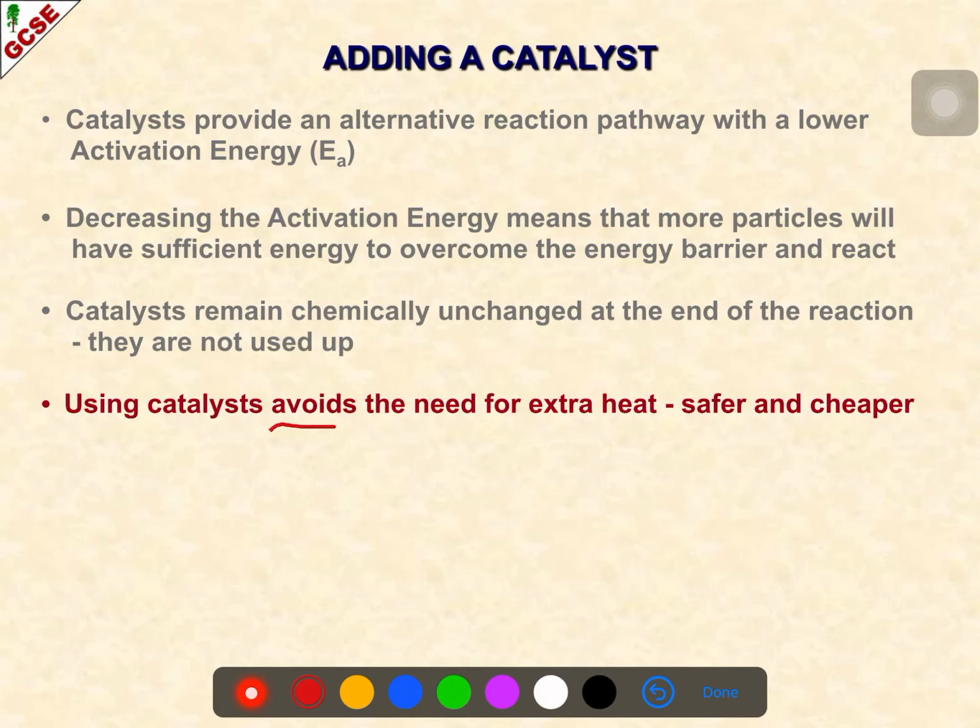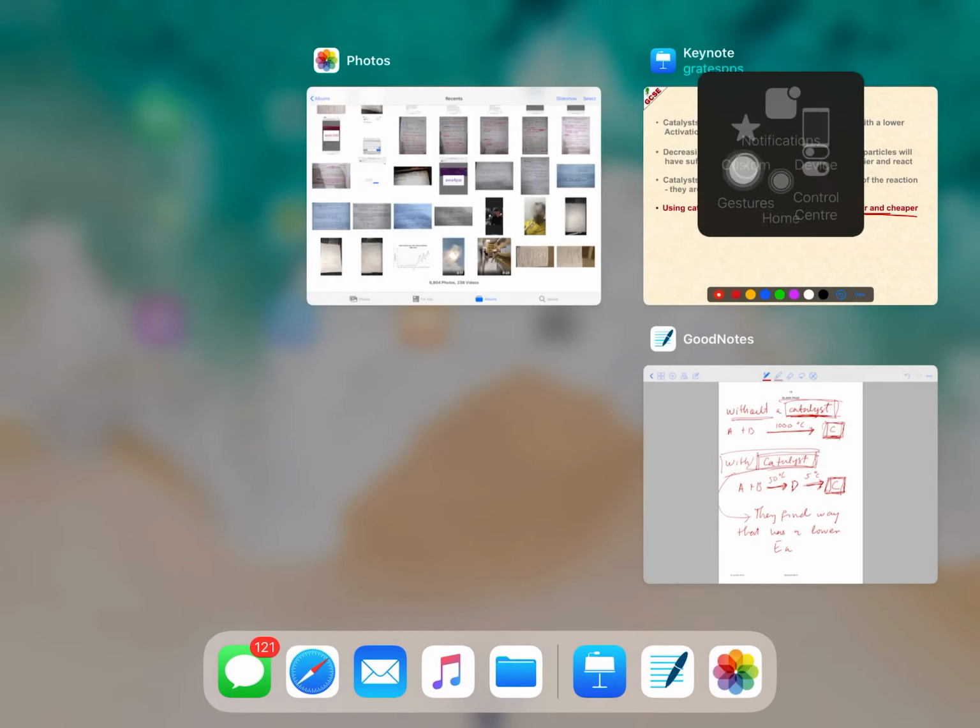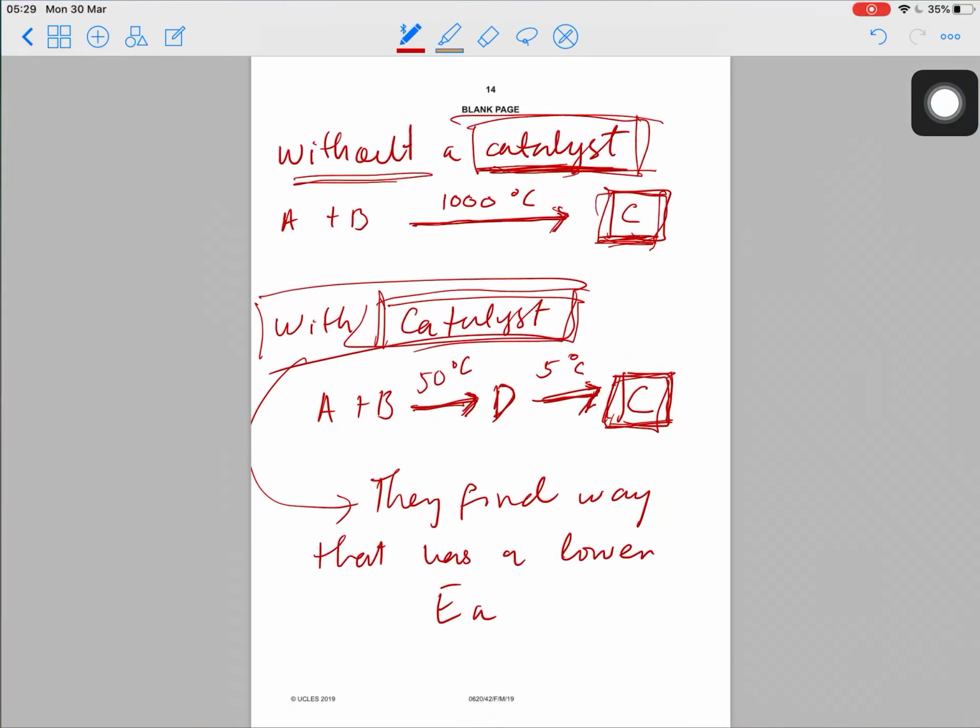Okay, so using a catalyst avoids the need for extra heat, as it is safer and cheaper. What does it mean? Okay, so say for example, let's go back here.